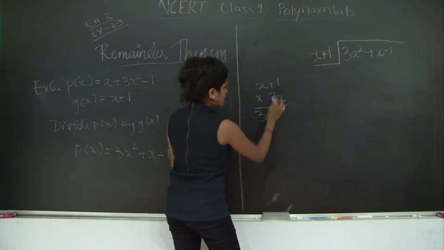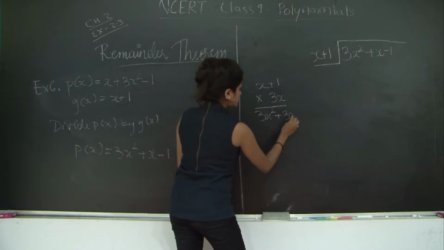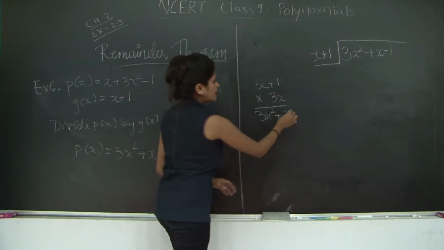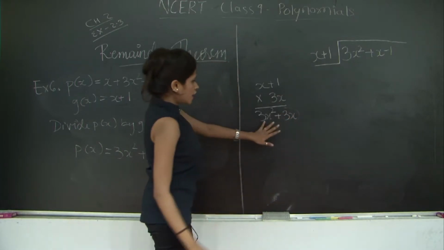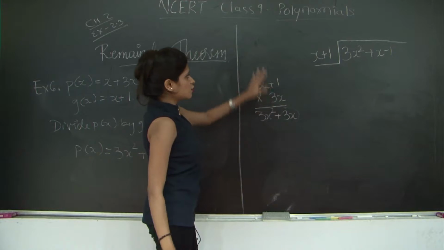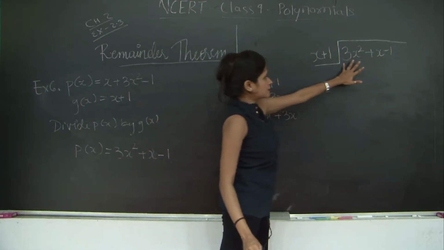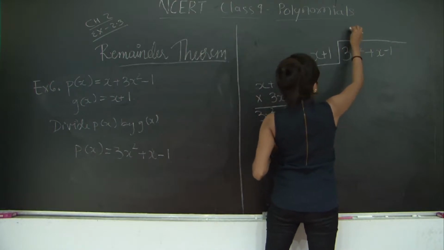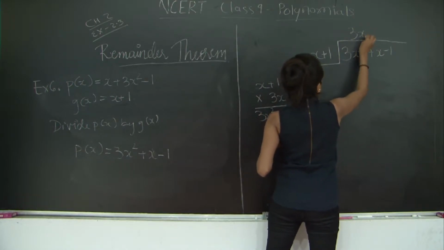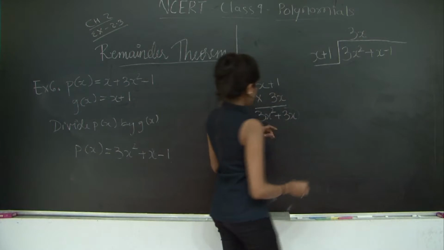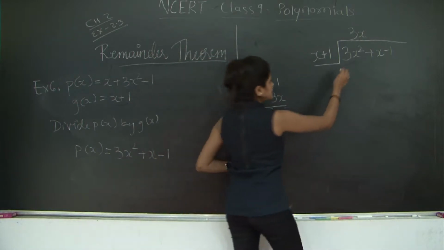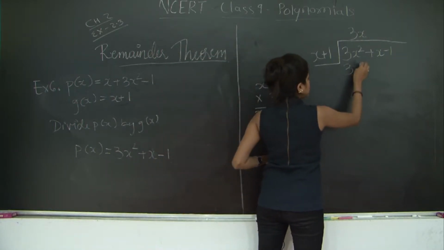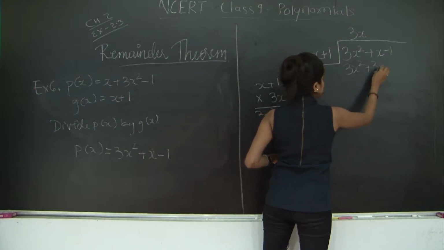Plus 3x, right? Do not worry about this term for now. Every time you are dividing, you have to only keep in mind the first term over here, okay. So x + 1 into 3x is going to give me 3x² + 3x.